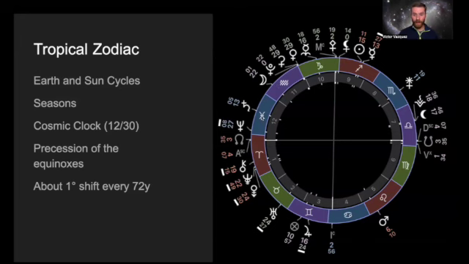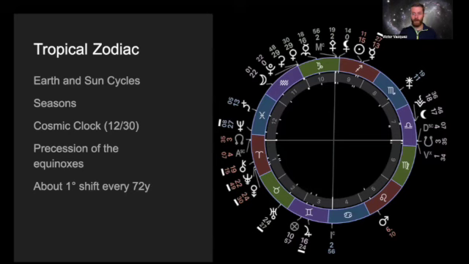And each of them are 30 degrees. So 30 degrees of 12 constellations is the 360 degrees of the circle. So that's why it's like a cosmic clock, because it's perfectly divided into these 12 parts of 30 degrees each.